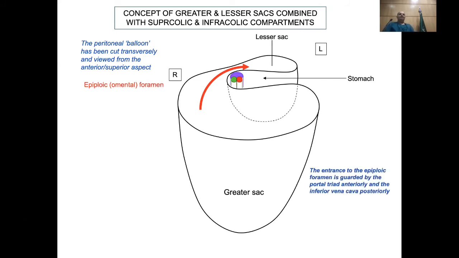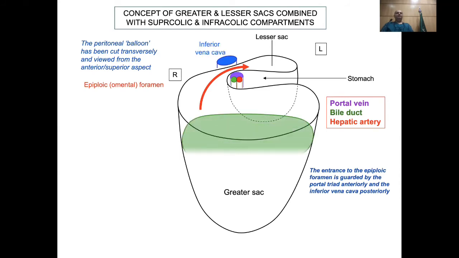Now, same as what I was holding in my hand: the portal vein, I don't like to call it that, I call it the CBD, common bile duct, and the hepatic artery. Are we fine? So these three structures which I'm holding in my hand, and behind, the inferior vena cava. What is this green thing? It's a partition.